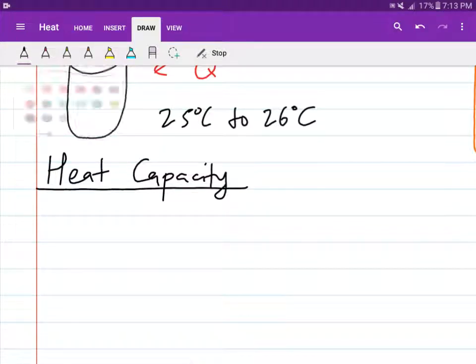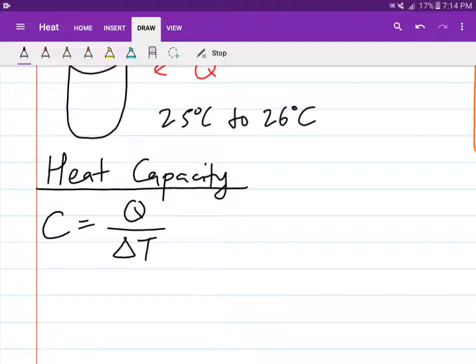So heat capacity determines how much energy you need in order to raise the temperature of a substance, or how much heat you need.